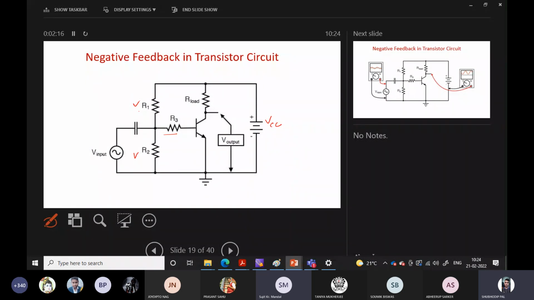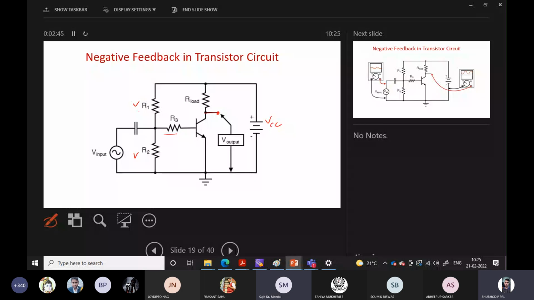The combination of these three gives the weighted voltage applied to the input. Here in the emitter, it is a common emitter amplifier. The output is taken from the collector, right? The output voltage is measured from the collector terminal with respect to ground. The load resistor is connected across the collector. This is the load resistor, right?